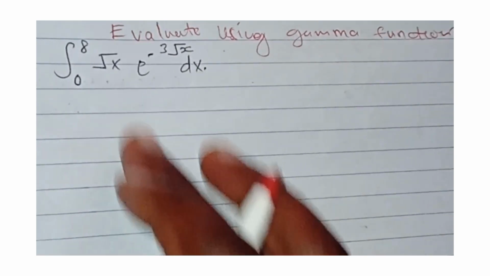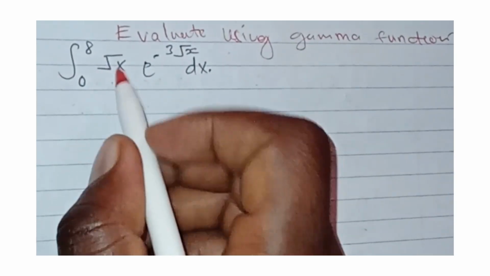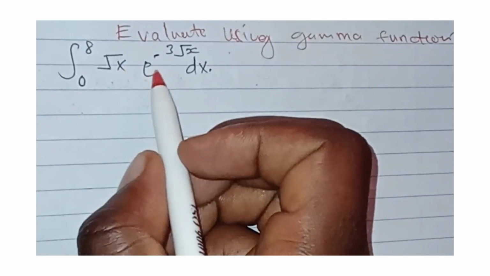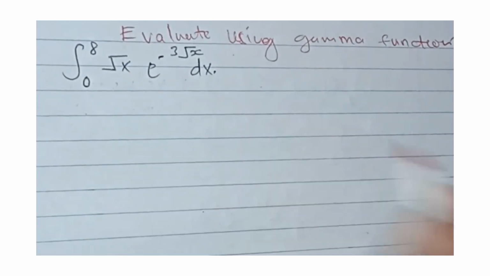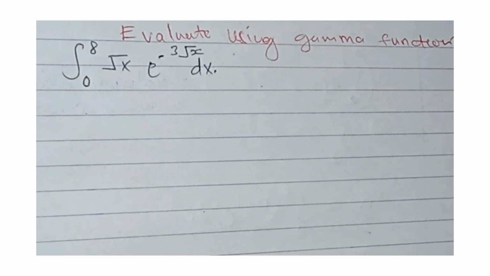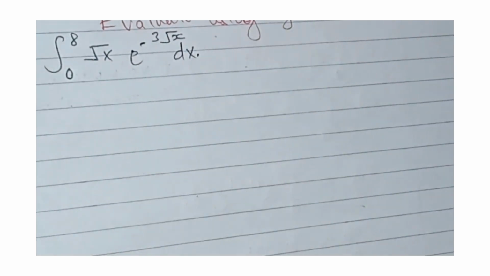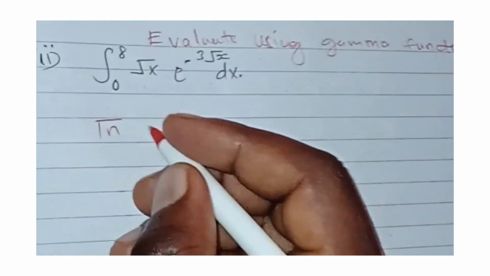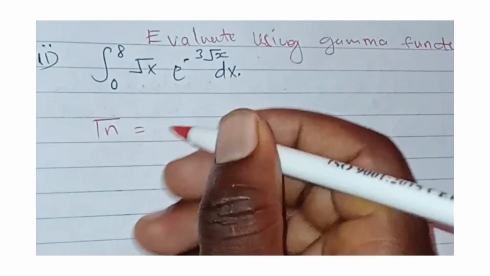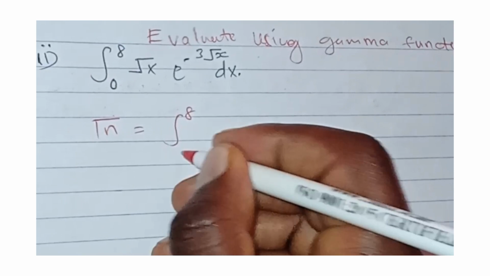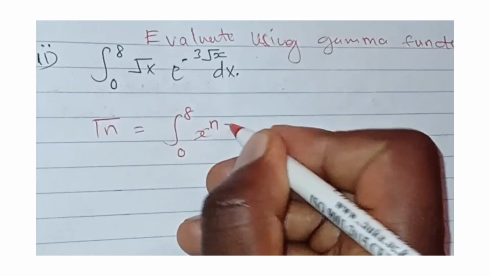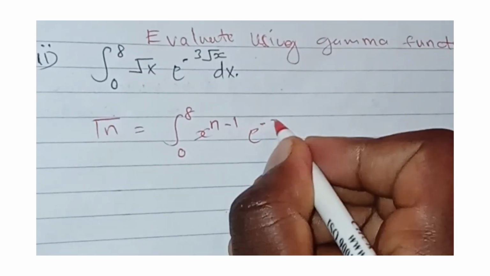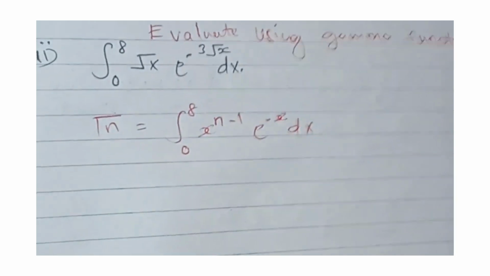Question 2. You evaluate using gamma function. The integral from infinity to 0 of root x times e raised to the power negative cube root of x dx. So we have said that a gamma function, gamma n, is defined by the integral from infinity to 0 of x raised to the power n minus 1 times e raised to the power negative x dx.